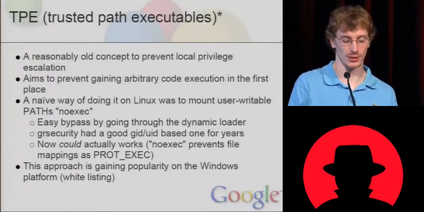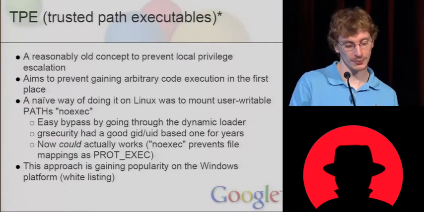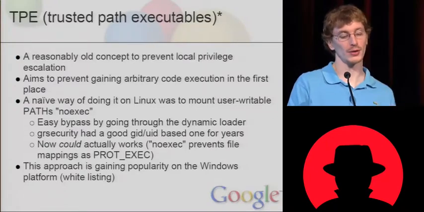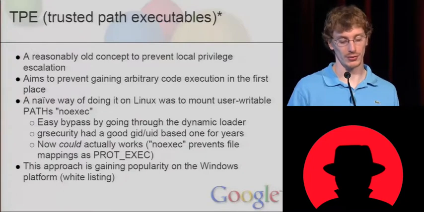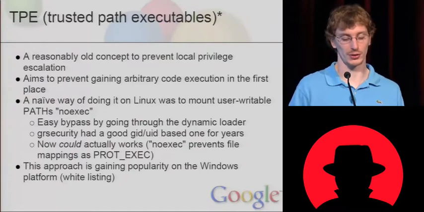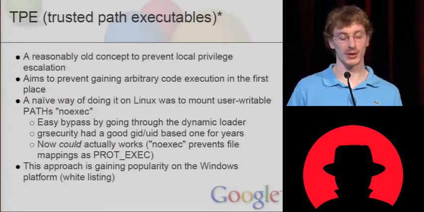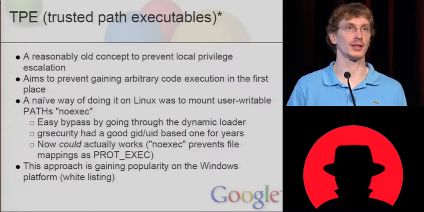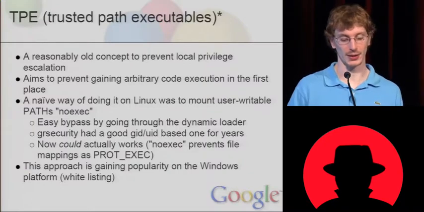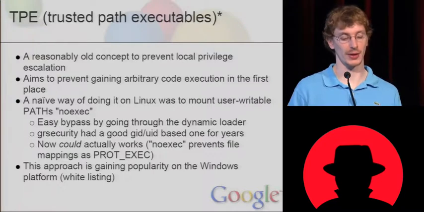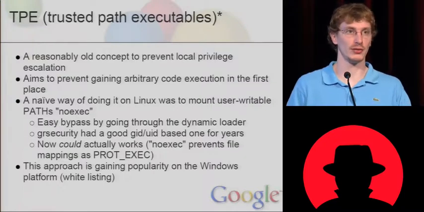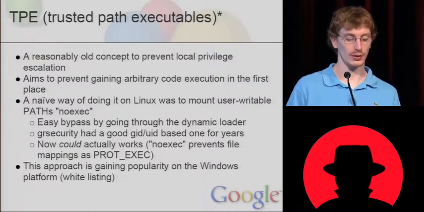I think it was released in 2000 or something like this. And nowadays, it could almost work if you just mounted something with no exec, because nowadays the semantic is actually respected, and it does prevent file mapping with PROT_EXEC and not only execve.